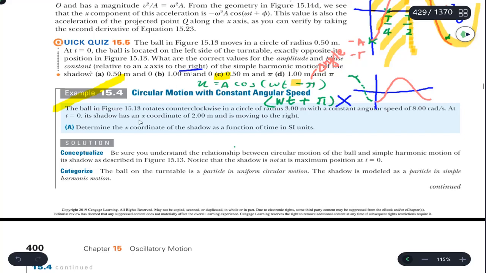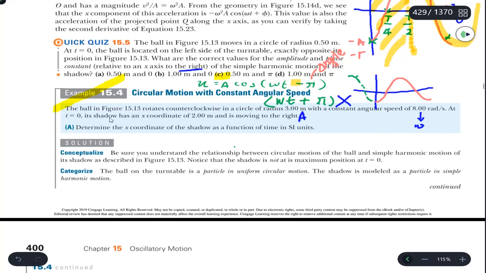So accordingly, the same figure is used and it's rotating counterclockwise. Radius given now changes to 3 meter. So this is your new amplitude with constant angular speed. Angular speed, angular frequency, both are referring to omega.